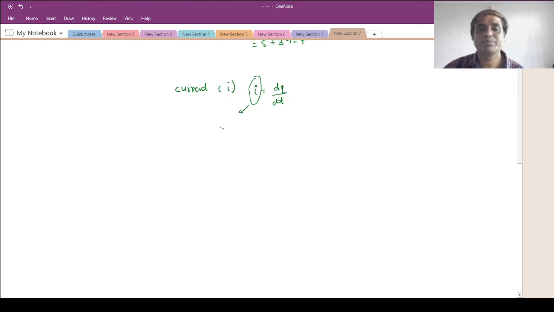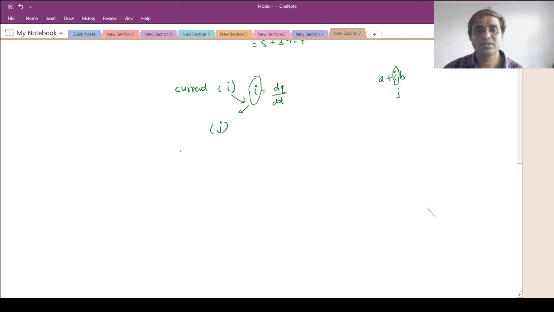If I would like to represent a complex number, we represent the complex number with the letter J. In 12th standard you might have studied A plus iB, but in this course we will not represent the complex number with i, but with j, because small i is the symbol which will be used for the representation of your current quantity. Okay, this is my current.